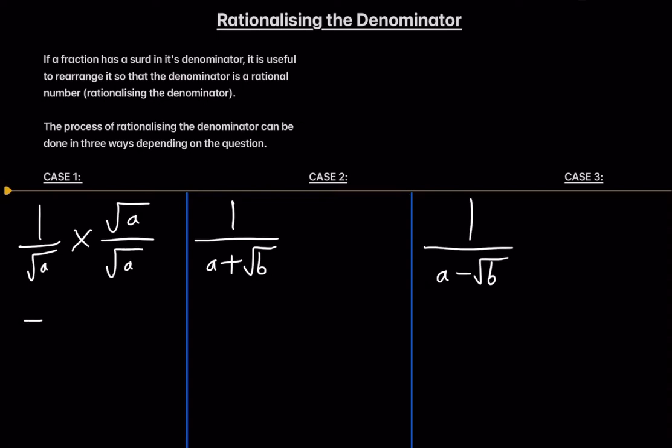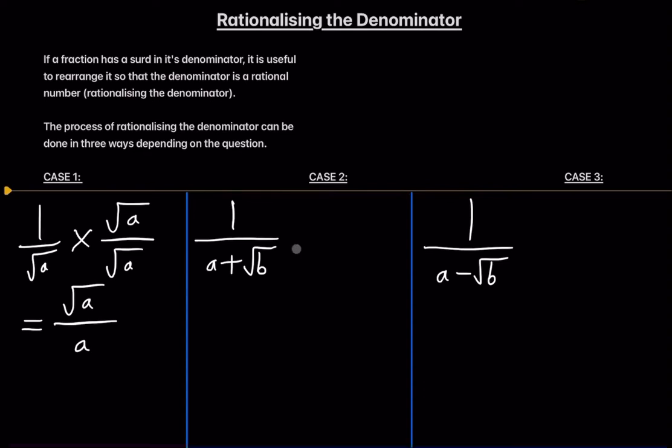So what that does is, when we multiply fractions, we multiply obviously the numerators and the denominators. 1 times root a is root a, and root a times root a is just a. And just like that, we've rationalized the denominator of this fraction 1 over root a. So that's it for case 1.